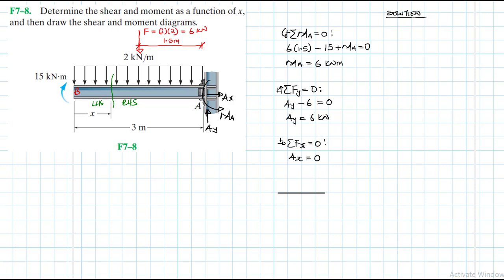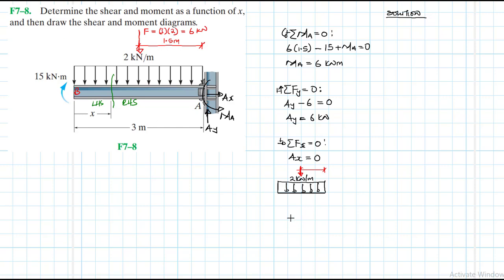And then we have a distributed load. That section will come with a distributed load whose magnitude is 2 kilonewtons per meter, and it will have its own equivalent force. Let me draw the distance first. So we'll have this distance from there to there.